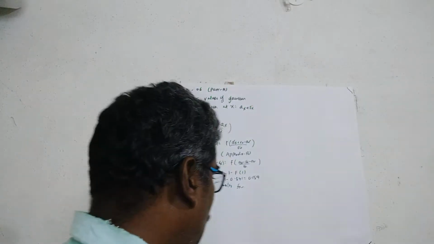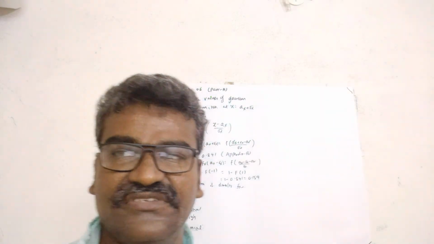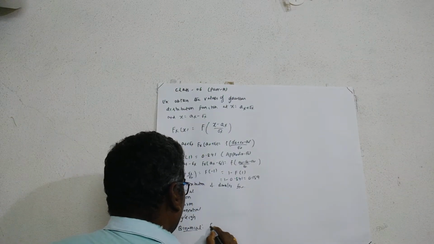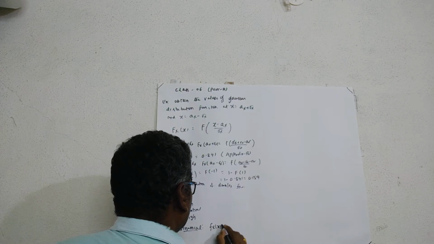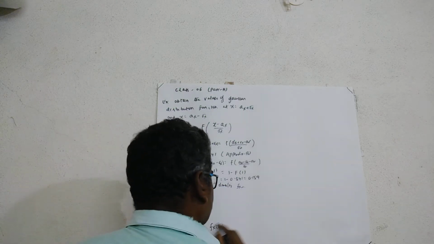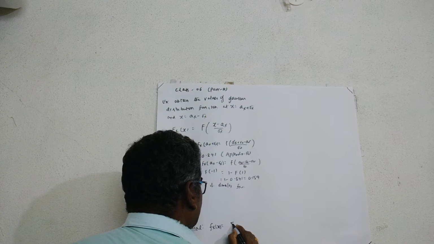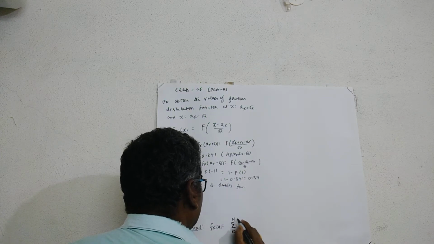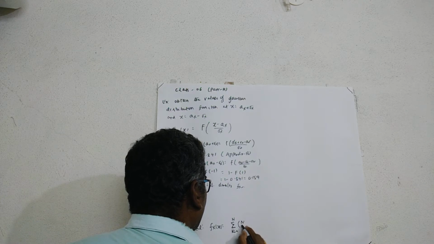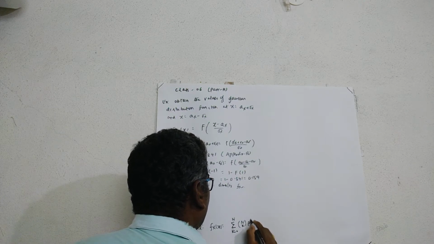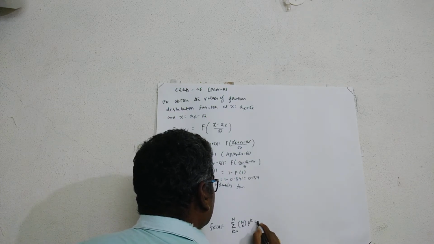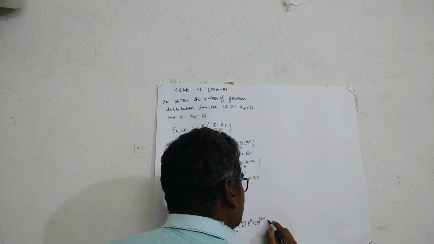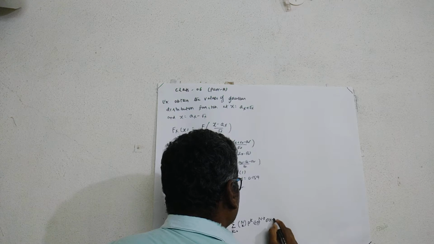For a single random variable x, the binomial density function is described by fx of x equal to the summation k equal to 0 to n of nCk p to the power k, (1 minus p) to the power n minus k, into delta of (x minus k).